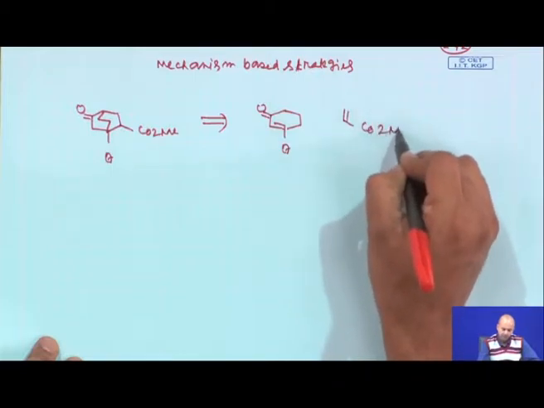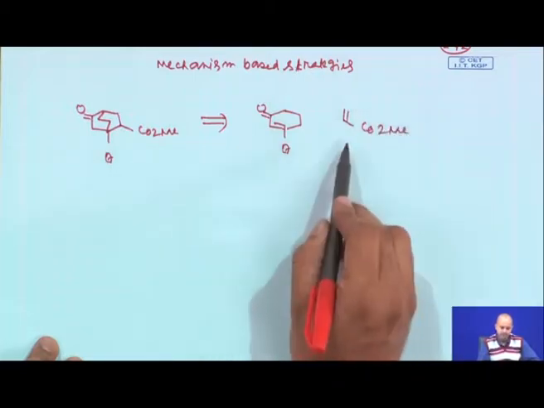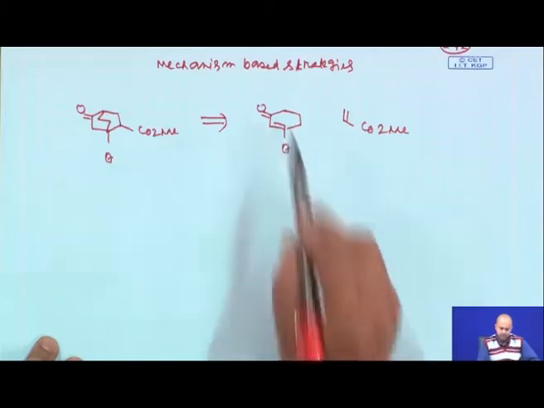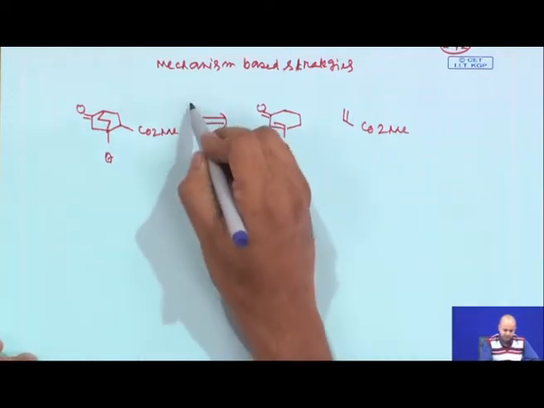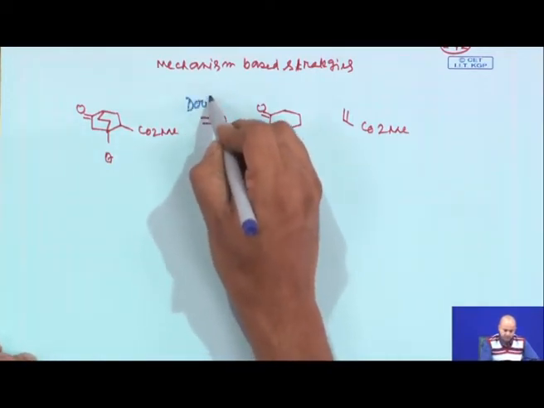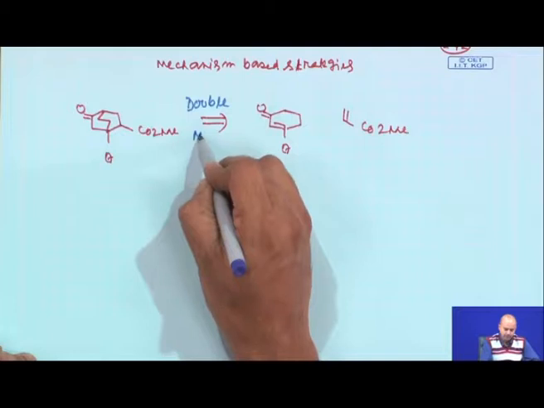Now, the way I have drawn the starting material, it suggests that you can simply do a double Michael addition. Why am I saying this?